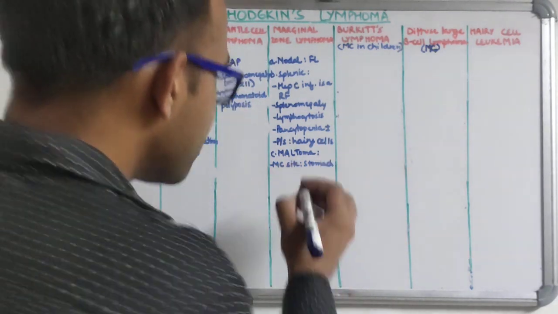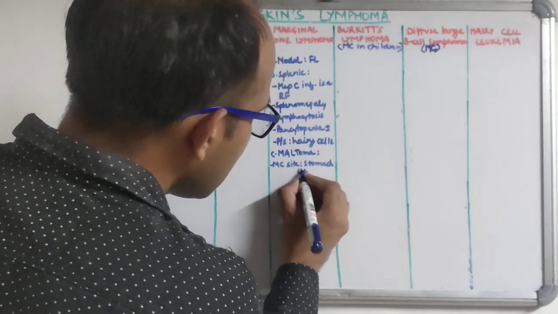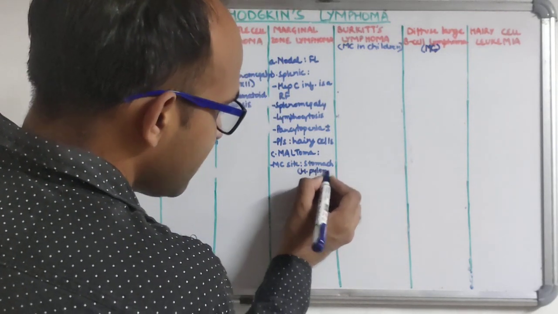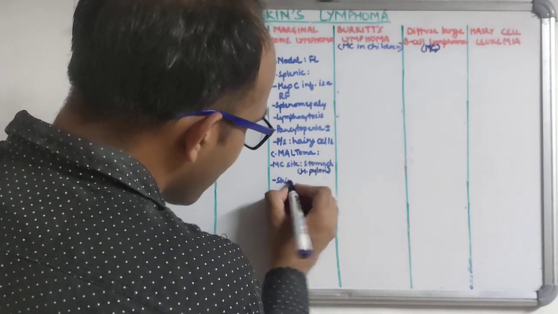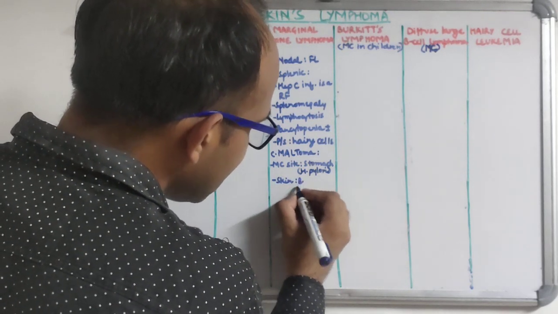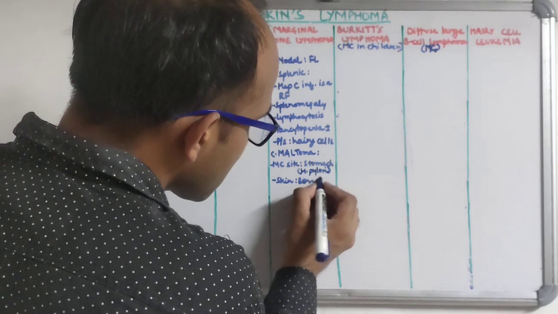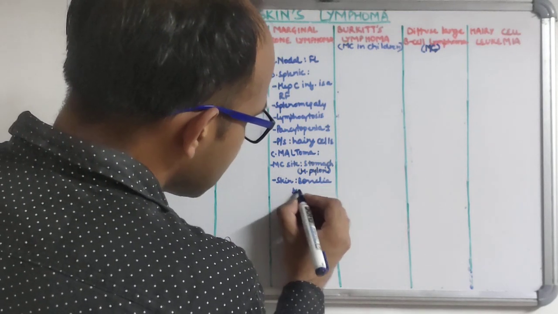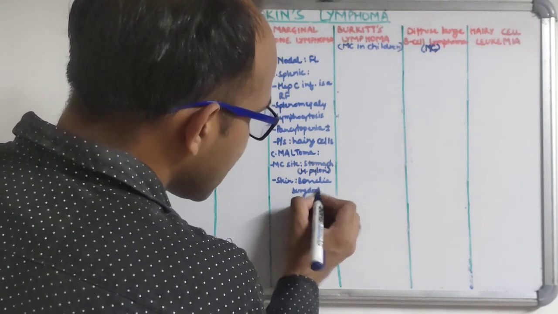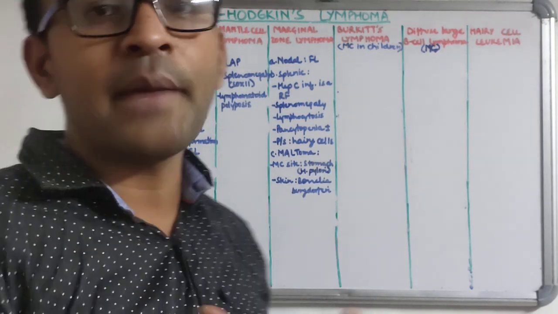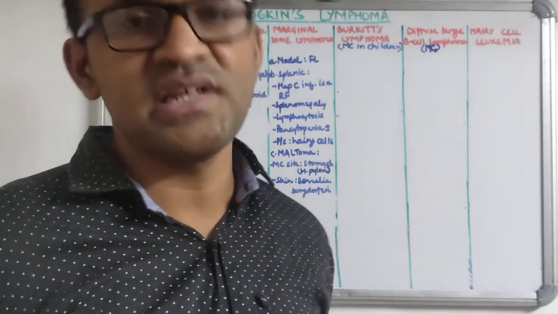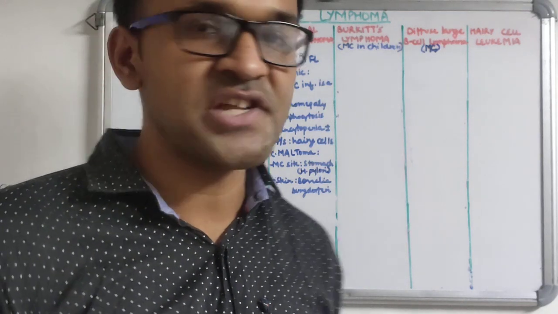Like chronic H. pylori infection can result in maltoma of the stomach. Similarly, skin infection with Borrelia burgdorferi can result in maltoma. Similarly, for conjunctiva, it could be because of Chlamydia psittaci. Intestines because of Campylobacter jejuni.